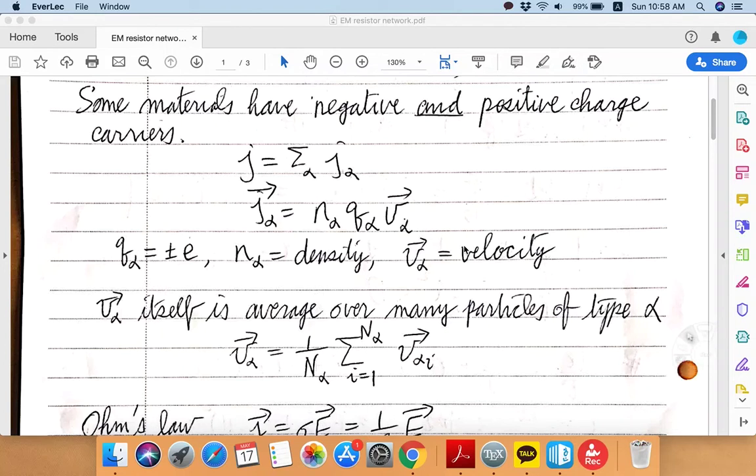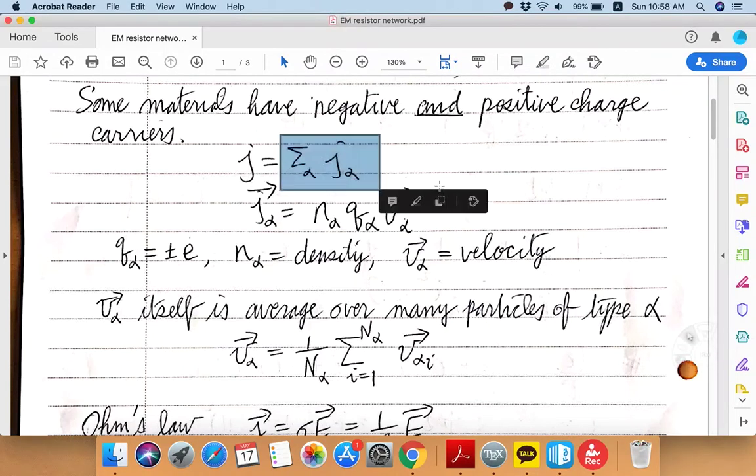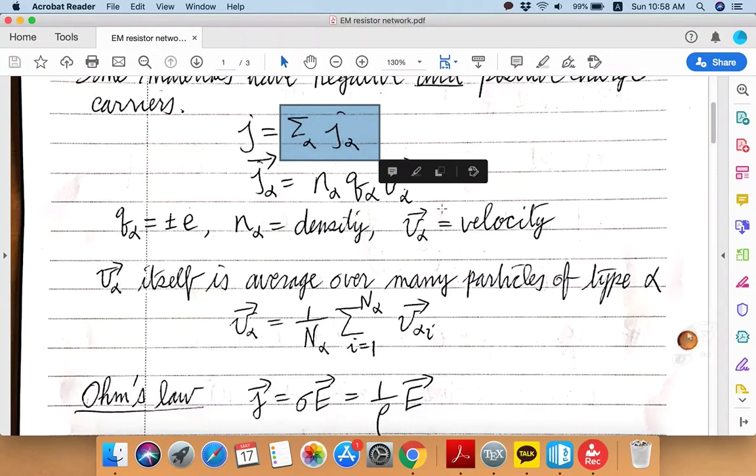Okay, so now we have this multi-species charge carrier system. Then the total charge density must be the sum of the charge densities of each species. And this sum represents such aspects of the charge carrier.